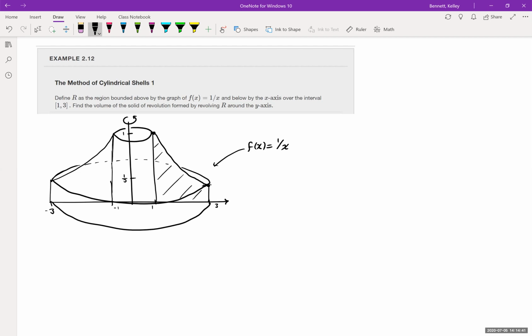So that's your solid of revolution. Now we have to figure out what our cylindrical shell looks like. You just want to take one from anywhere in the middle to give you an idea. The shell goes all the way down to the x-axis as well.